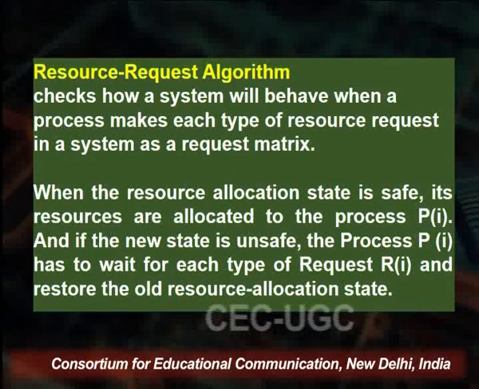So, basically, the safety algorithm checks whether the resource allocation is going to lead the system into the safe state or not. Similarly, the resource request algorithm checks how the system is going to behave when a process makes each type of resource request, and this is done in the form of a request matrix.